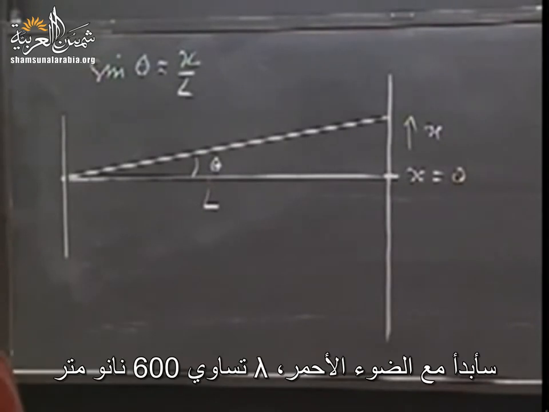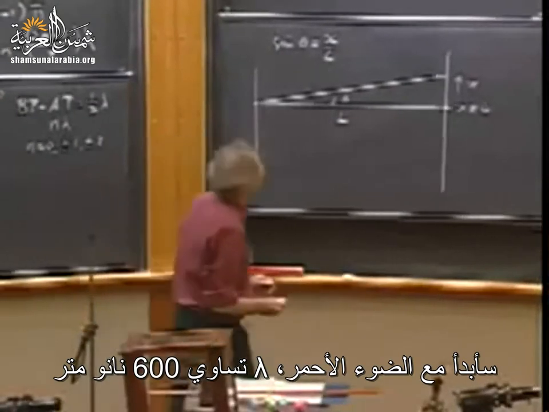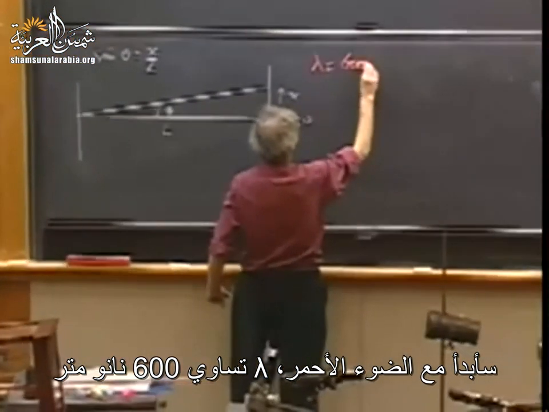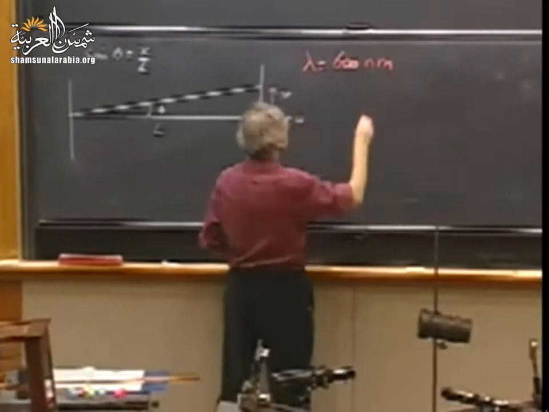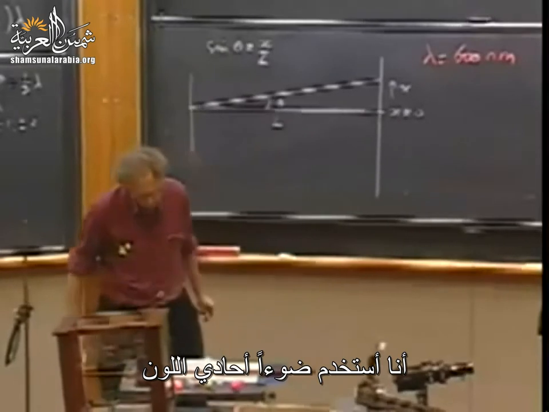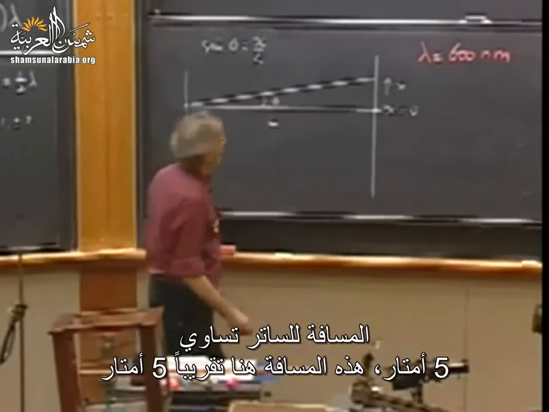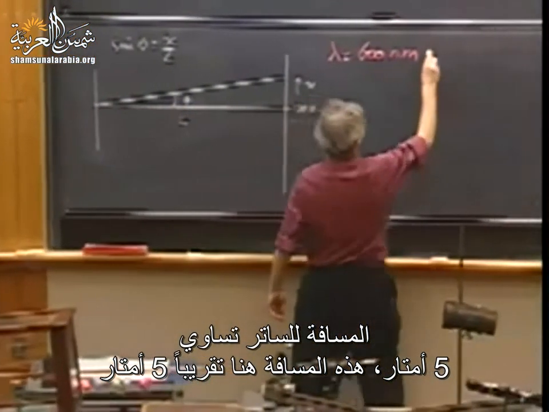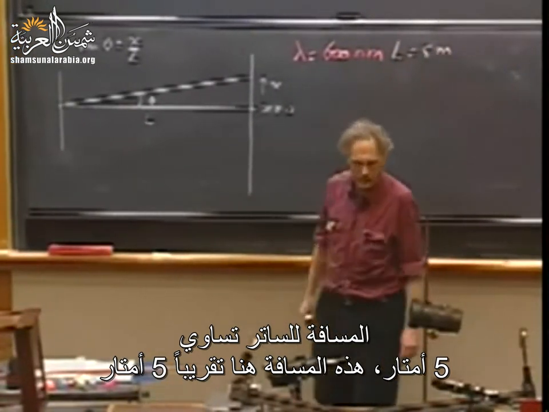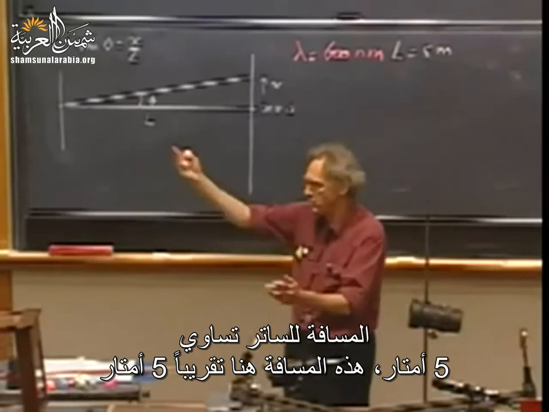So I start now with red light, lambda is 600 nanometers. So that's the light I will use. So I use monochromatic light. And we will have a distance to the screen which is about 5 meters. The setup is here. This is about 5 meters.